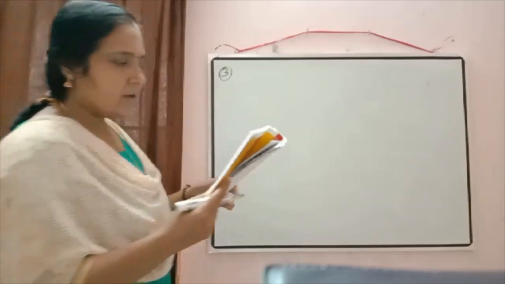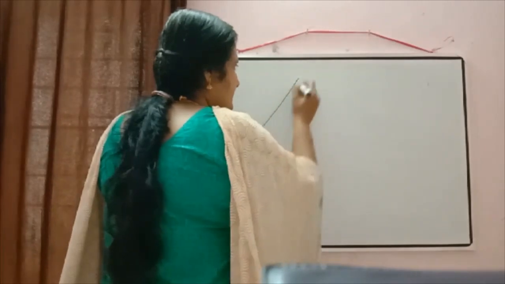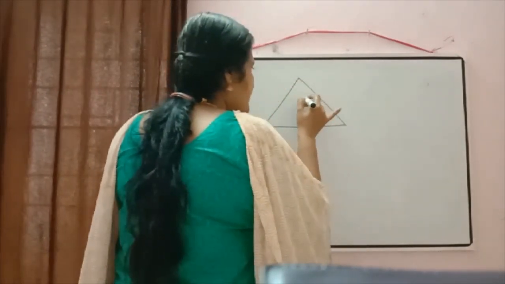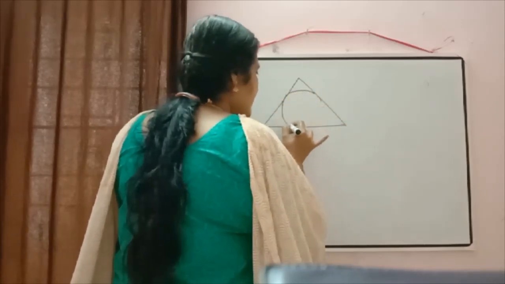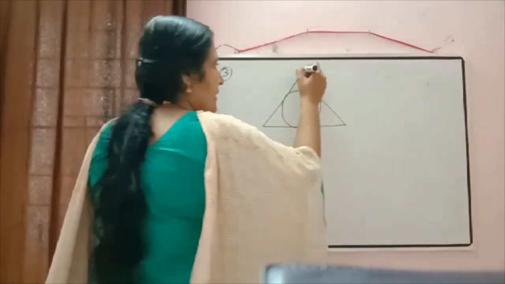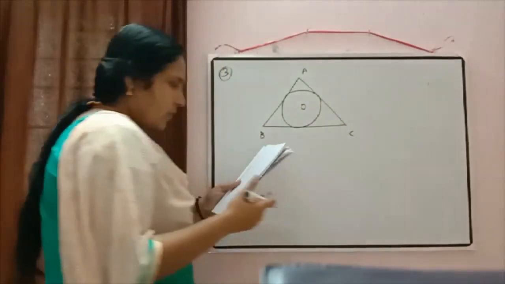So we can draw a triangle ABC, with the circle inside in such a way that it is touching all the sides of the triangle. We can mark here A, B, C, center as O.